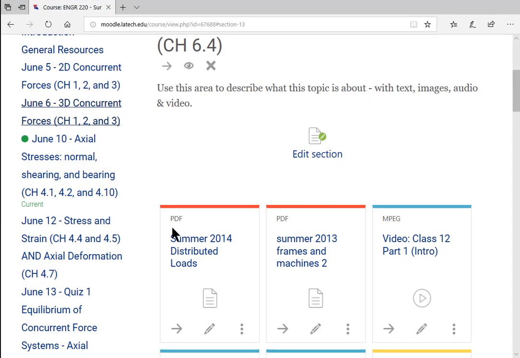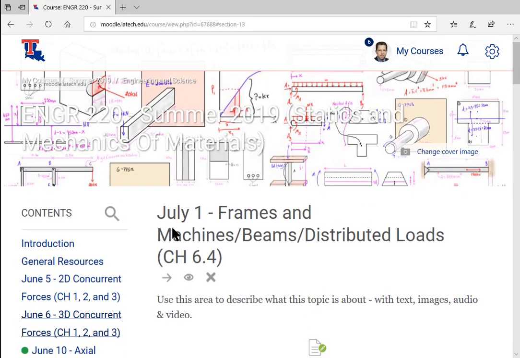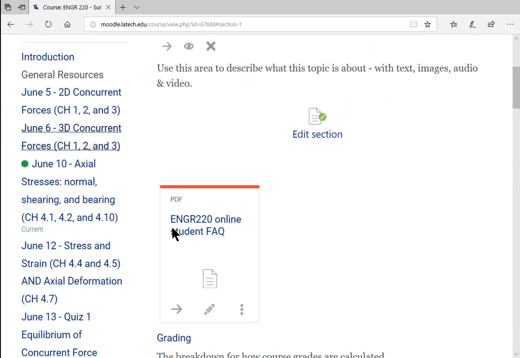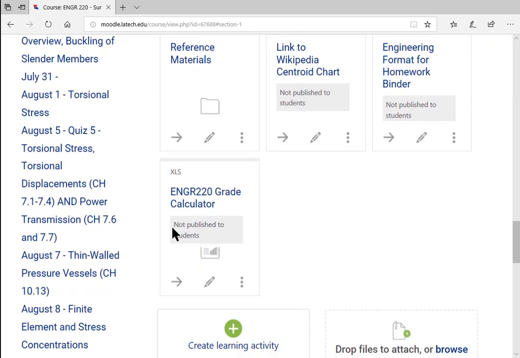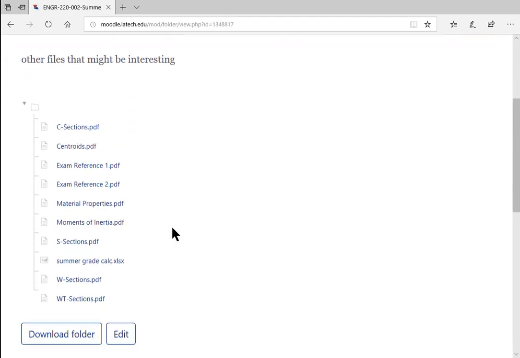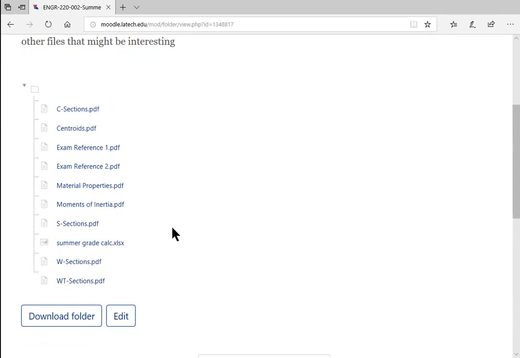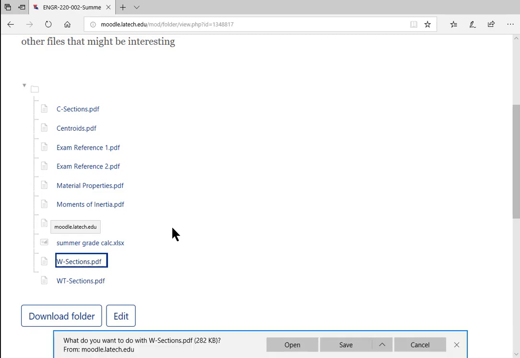I have in general resources, somewhere, reference materials, a couple of the charts. I don't think they're all of them, but there's a couple of charts: C sections, S sections, W sections, WT sections. So let's use W, and let's open that.